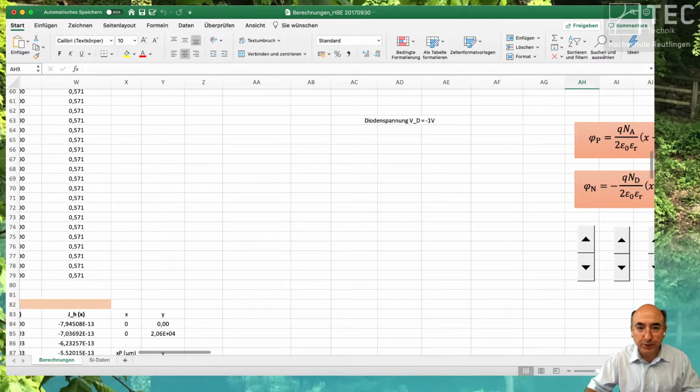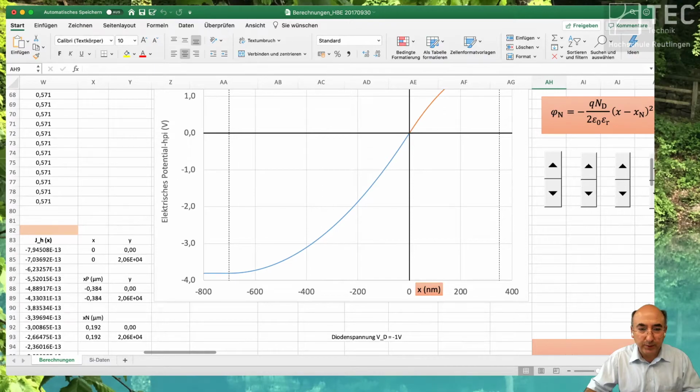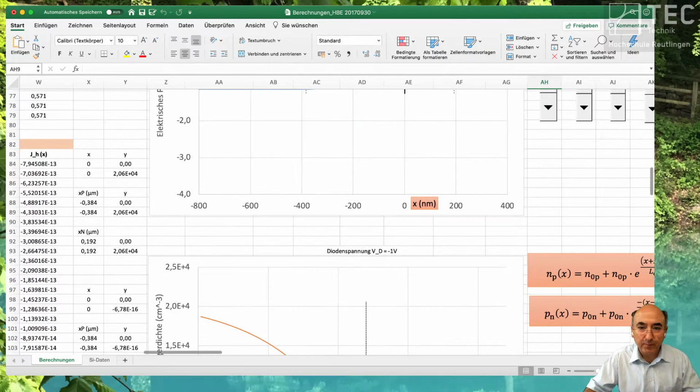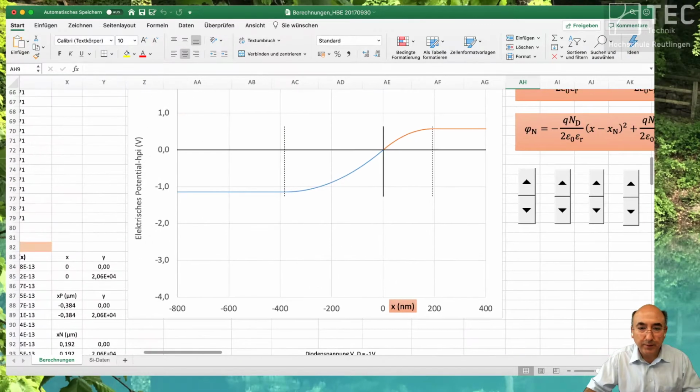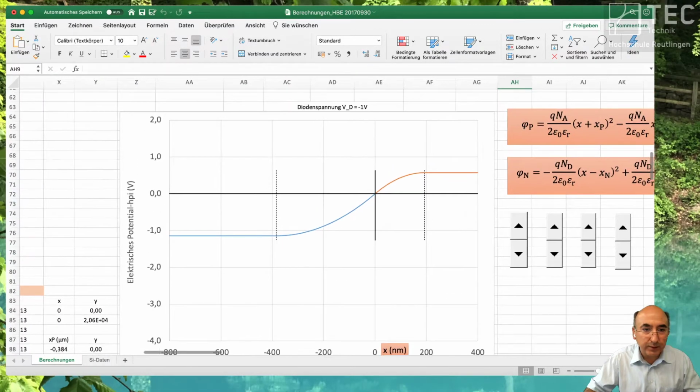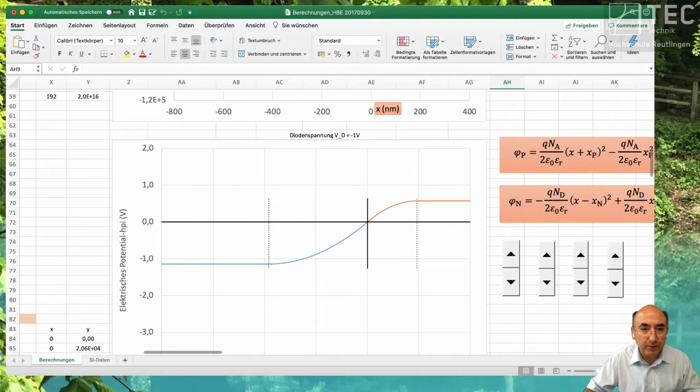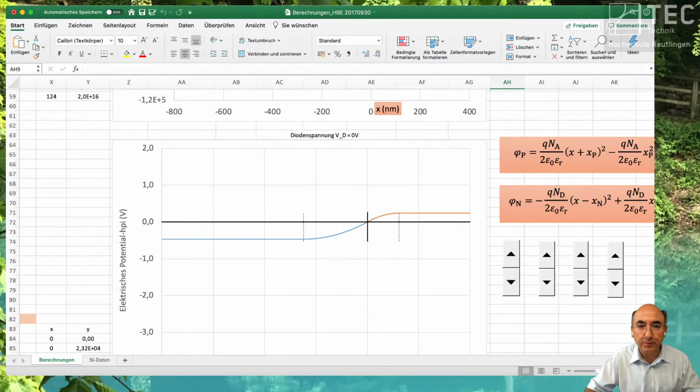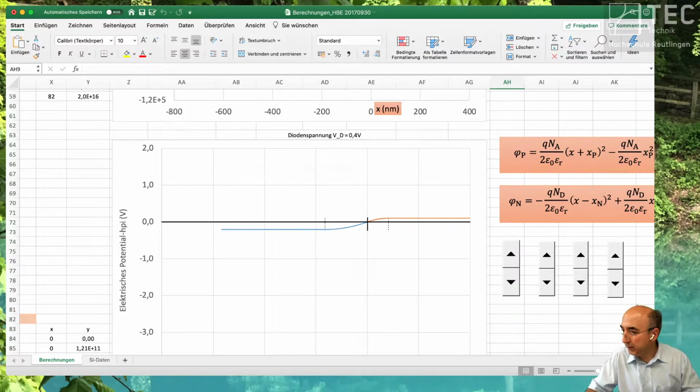Because no equation makes sense if you can't see the results. Before we go there, I'm looking at the voltage level. So 0 volt, you see? 0 volt. Okay, let's make a 0.4 volt forward bias. You see here 0.4 volt forward bias.